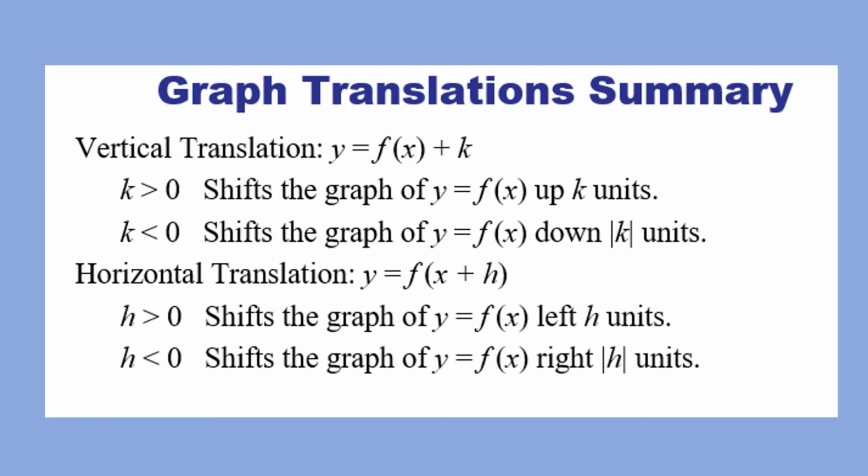If I'm talking about the horizontal shift, then I have to add a constant to x, not to y. If h is positive, then it is shifted to the left. If it is negative, it is shifted to the right.